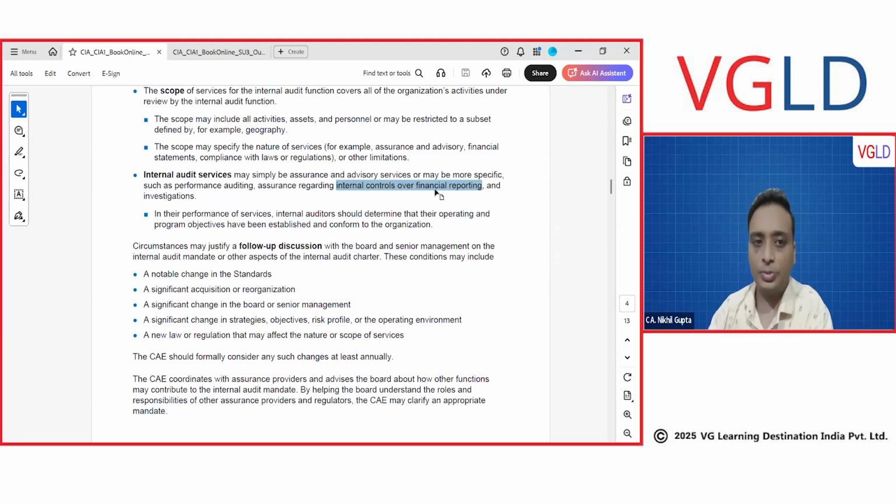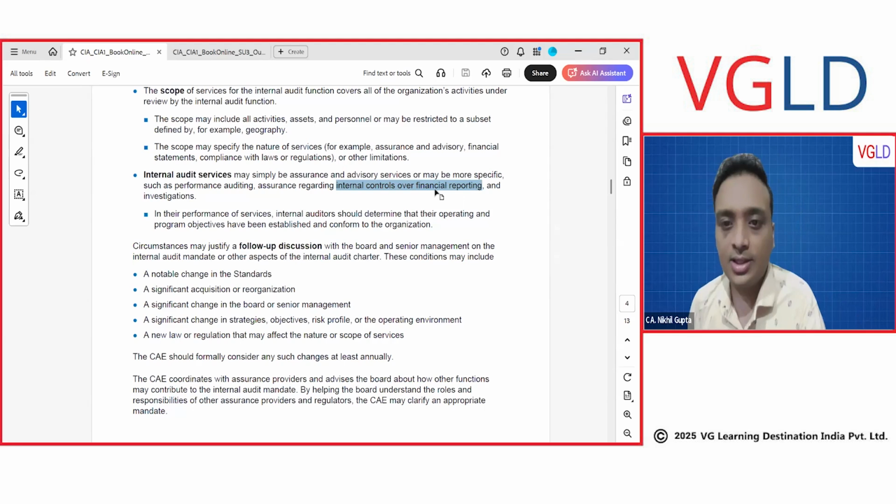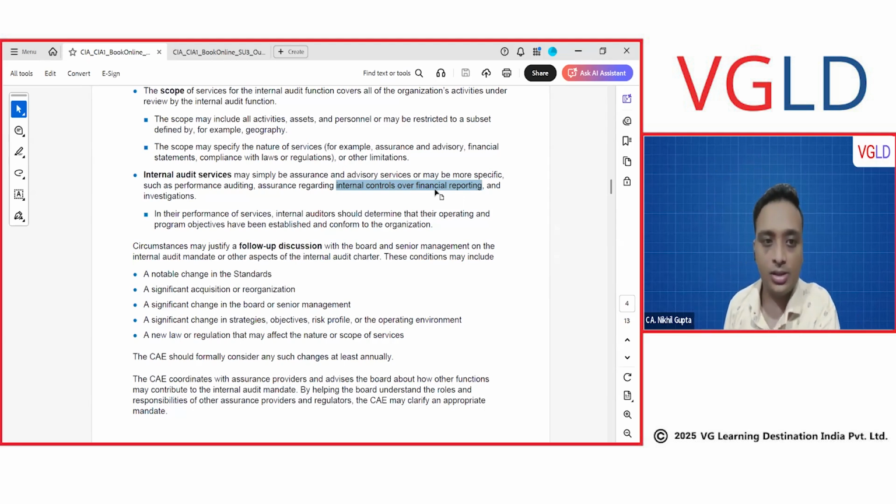ICFR is covered in the SOC 1 report. I'll show you the SOC 1 report later on, where we provide these services and mention opinions as well. In their performance of services, the internal auditor should determine that operating and program objectives have been established and conform with the organization's.